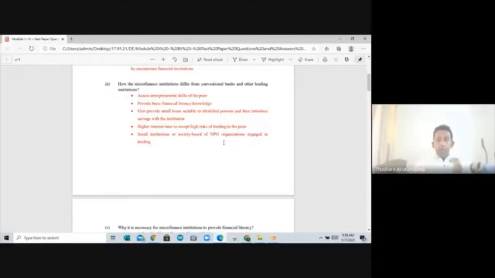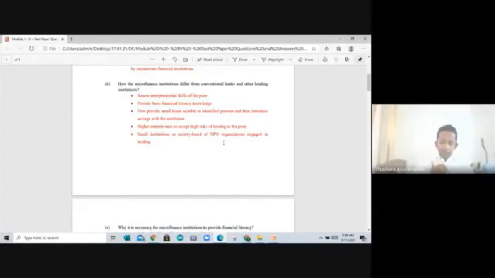Number two, in microfinancing you provide basic financial literacy, not like SME. You need to teach bookkeeping, a bit of marketing, saving and financial statement management, so some basic tips on financial literacy.